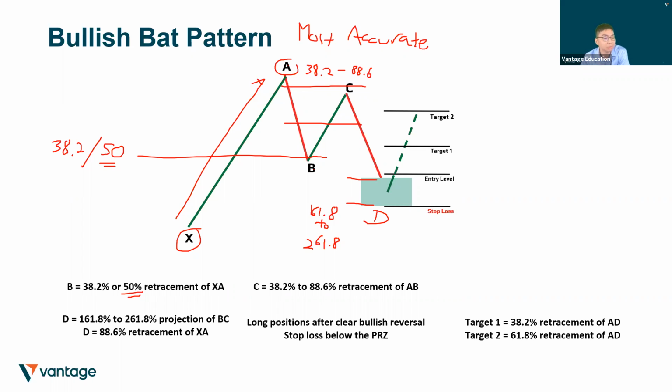A long position should be considered after a clear bullish reversal over here at this green box that I'm highlighting, with a stop loss placed below the PRZ, the potential reversal zone. Target 1 for this pattern is 38.2%, while target 2 extends to 61.8%.